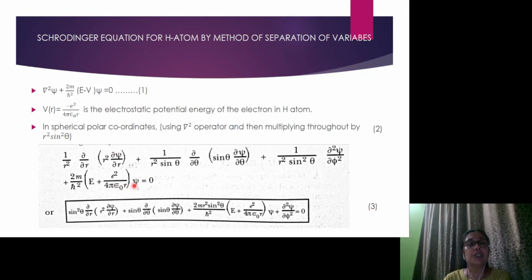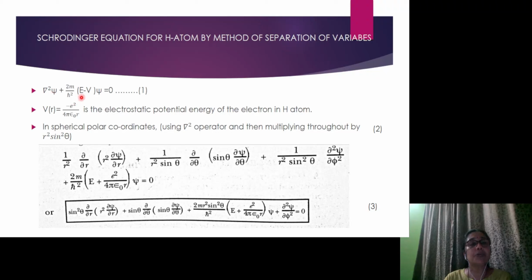Here we have just substituted the del square operator, operating on the wave function psi, or more precisely, the wave function of the electron in the hydrogen atom.